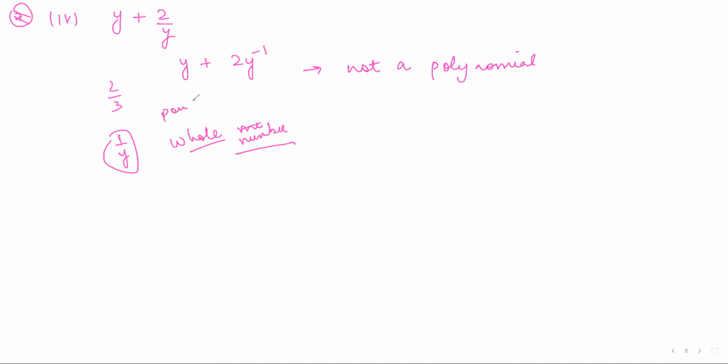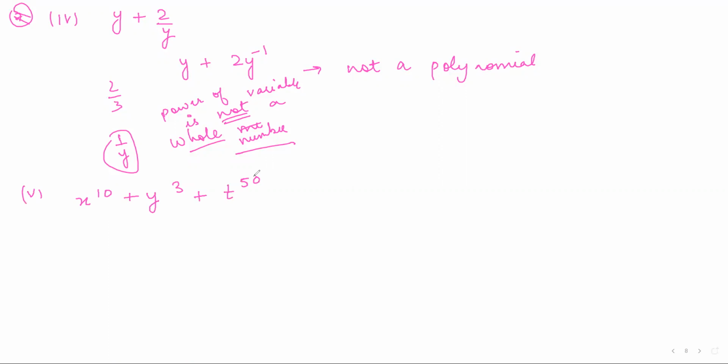Power of variable is not a whole number. Fifth, now we have x to the power 10 plus y to the power 3 plus t to the power 50.